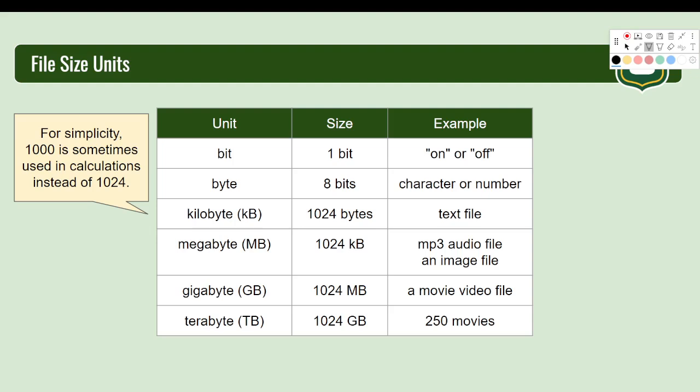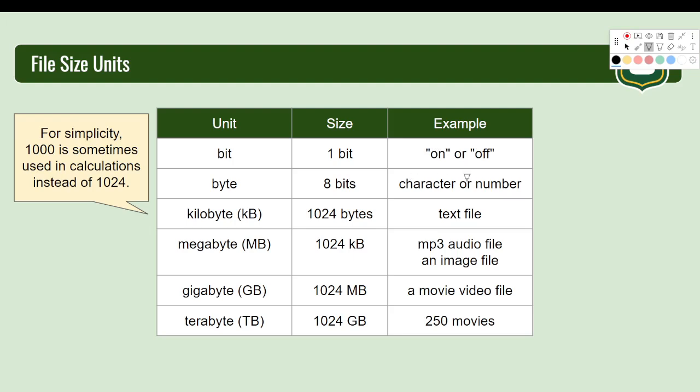So when you're looking at file sizes, typically you're not going to see just bits or bytes because you're storing more than that. Again, a single bit is just a 1 or a 0. It's an on or off signal.